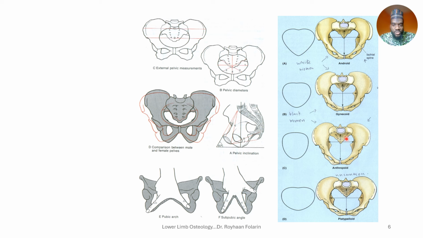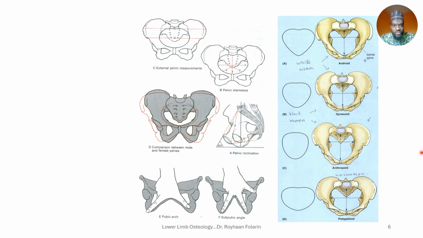When the occiput of the child, the back of the child's head, is directed towards the posterior part, this makes it easy. In that case, the woman is able to deliver the child through the vagina.